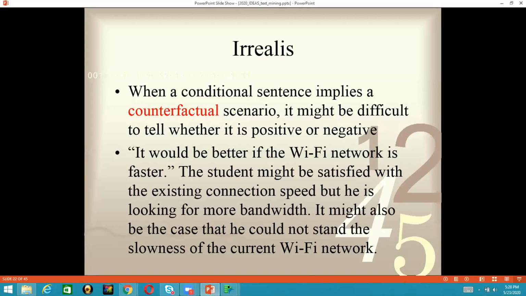The student may say, it's okay, I'm happy with the current Wi-Fi network, but I expect something more. I want to watch YouTube videos, so I expect more bandwidth. But it may be the case that he could not stand it, too slow. It would be better. So what does it mean when you see something counterfactual? Are you happy with the current situation or not?